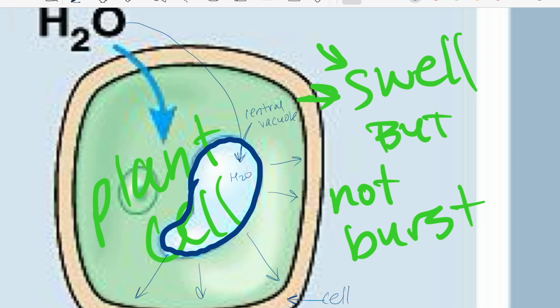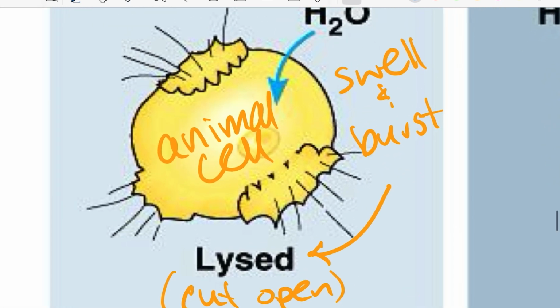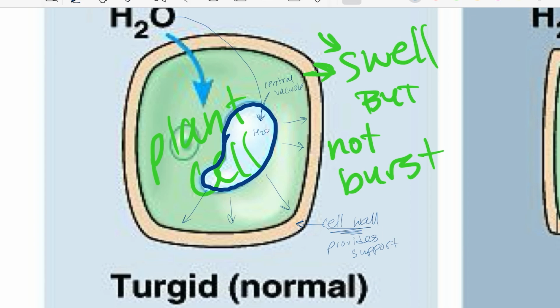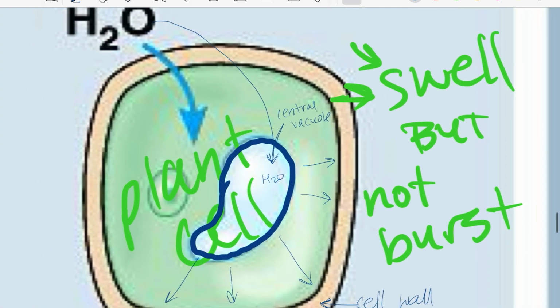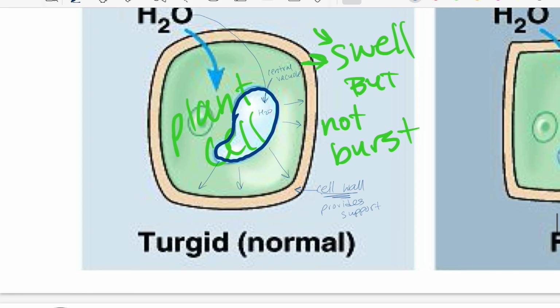And the cell wall provides support. Animal cells don't have that. Animal cells don't have a cell wall. That's why they burst instead of just swelling up and being kind of pressurized. Plant cells have this nice internal pressure.